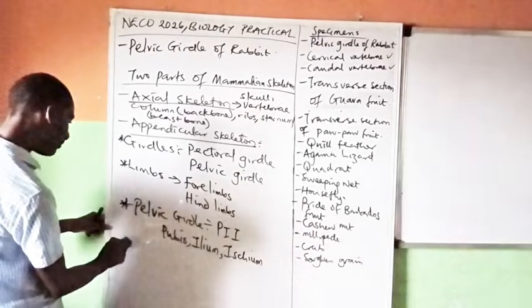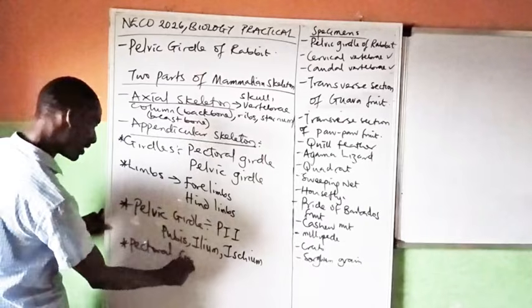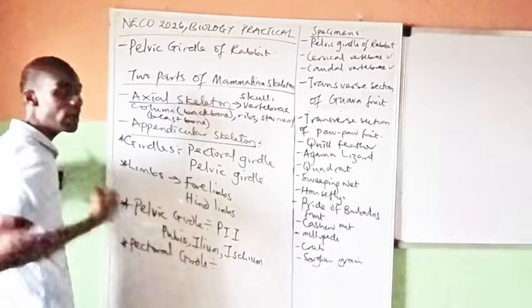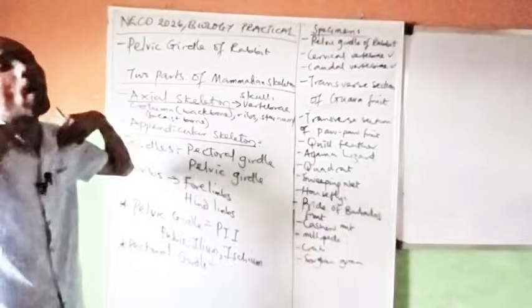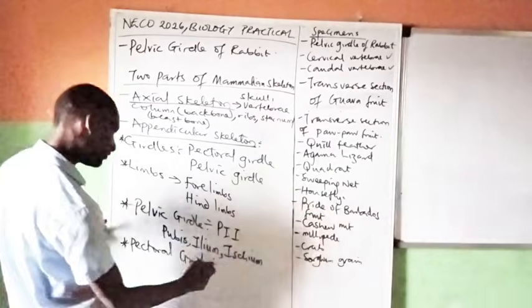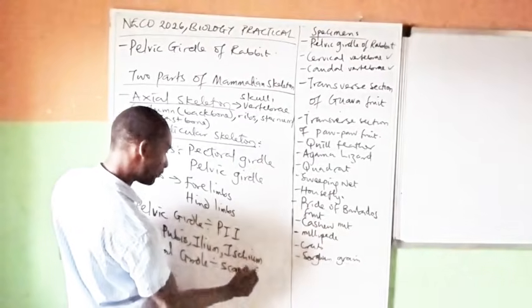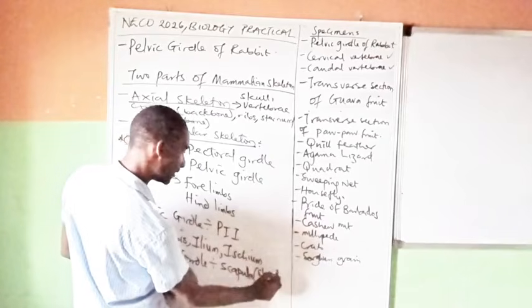While for the bones that make up the pectoral girdle, you remember I said the pectoral girdle is the girdle of the upper limb. There are also 3 bones there. You have the scapula, which is also called the shoulder blade.